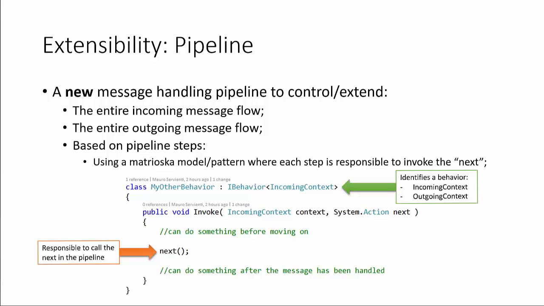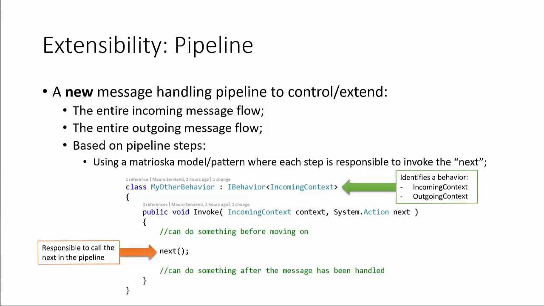The really interesting thing about this approach is that, as in this sample, we can do something before allowing the next step to do something else. And we can also do something after the message has been handled, because the pipeline is synchronous: a message arriving at an endpoint will trigger a new pipeline, and that pipeline will be invoked synchronously, each step after the other.